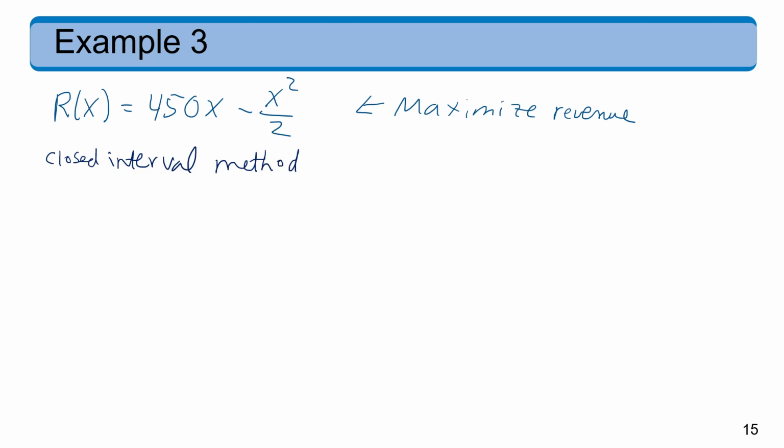And since R is a function of x, we need a closed interval for x. So we have to think about the problem to see if we could find a closed interval that makes sense in the context. Remember, x is the number of monitors that are being produced per week.